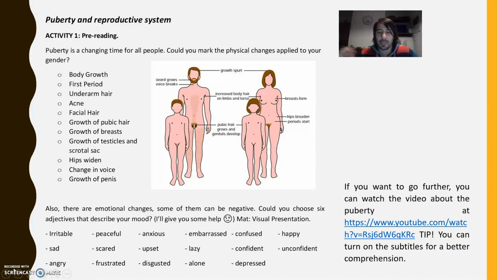The second part of this activity talks about the emotional changes of teenagers in puberty.